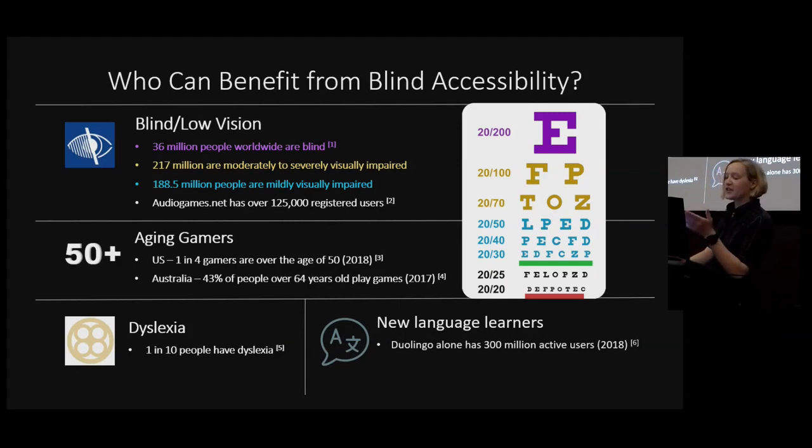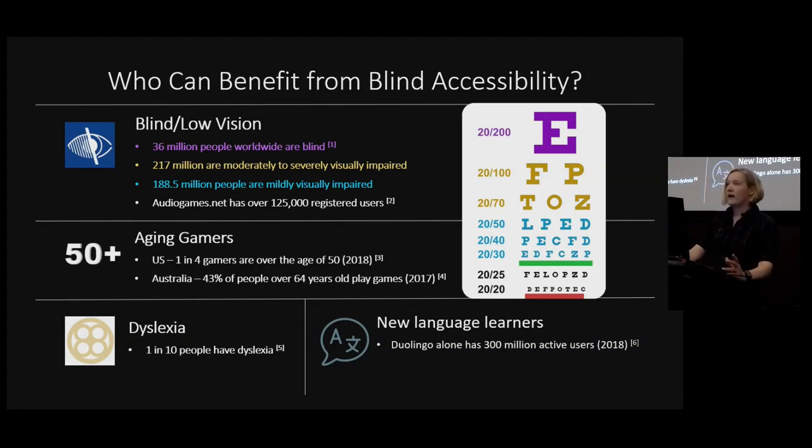But you have 36 million people worldwide who are blind, meaning from this chart that they are 20 over 200, meaning they cannot make out the E on the chart. And then you have 217 million people who are moderately to severely visually impaired, meaning they are 20/70 to 20/100. And 188.5 million people who are mildly visually impaired, meaning their vision is 20/30 to 20/50.